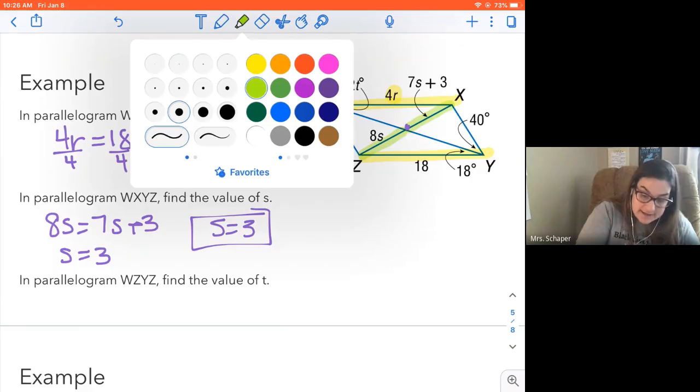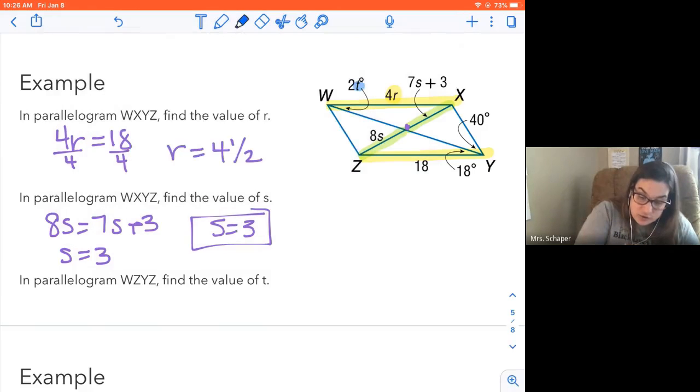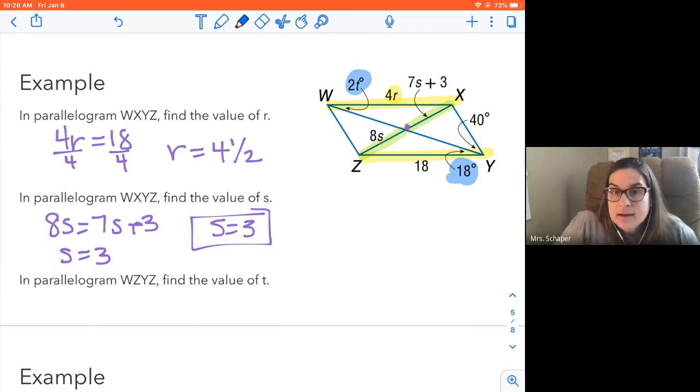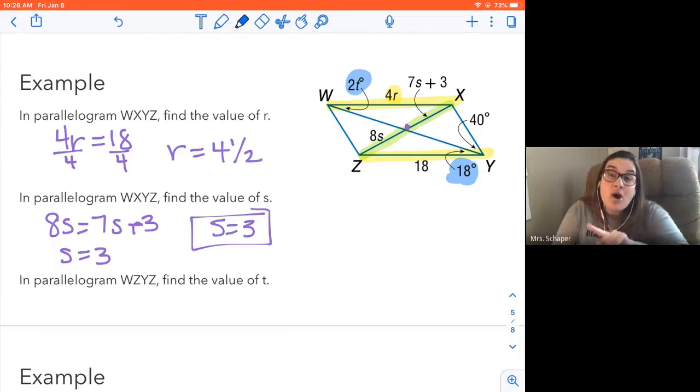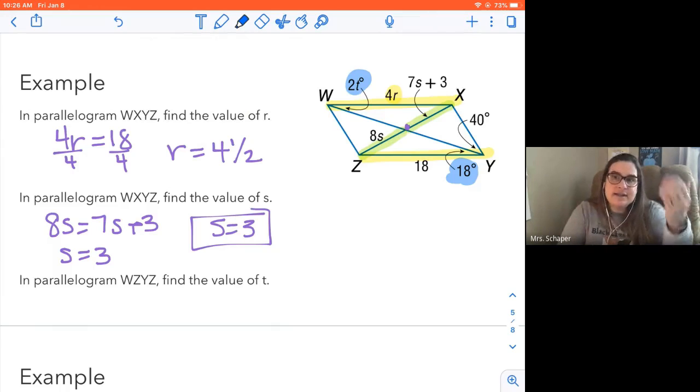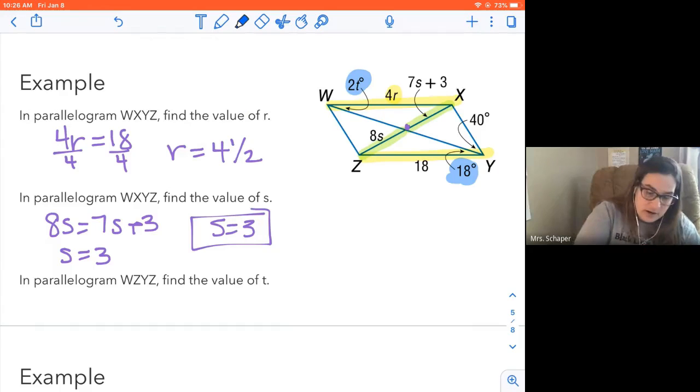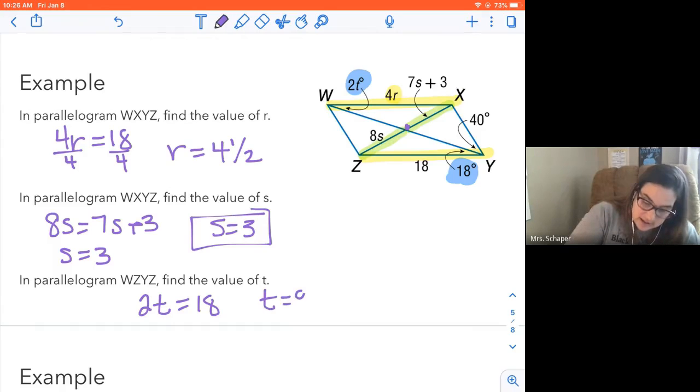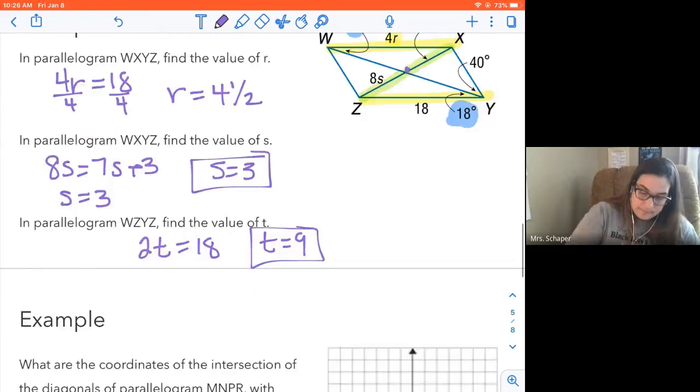So we can say that 2T is congruent to 18 because XWY is congruent to ZYW because they're alternate interior angles. See, that's coming back from earlier in the year. So I can set up my equation 2T equals 18, so T equals 9.